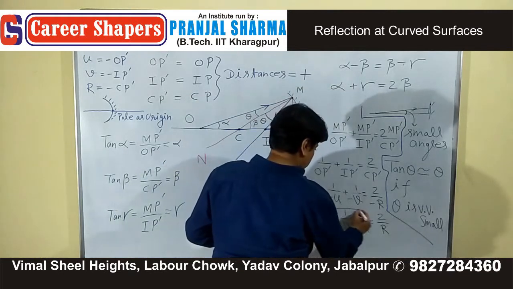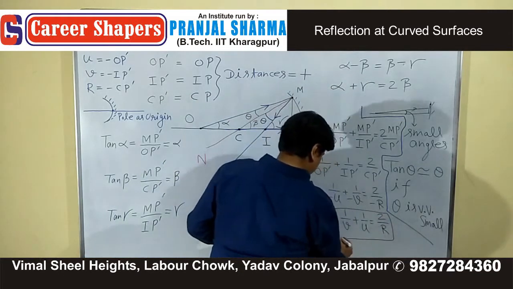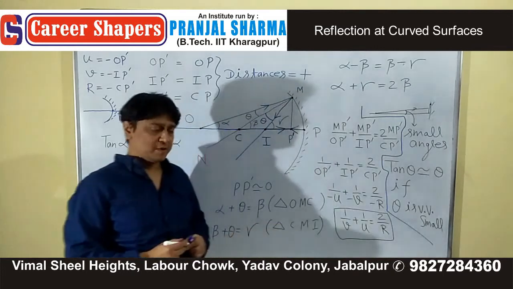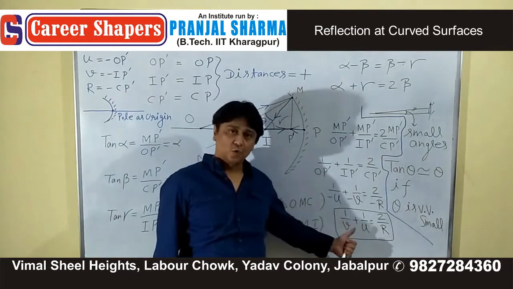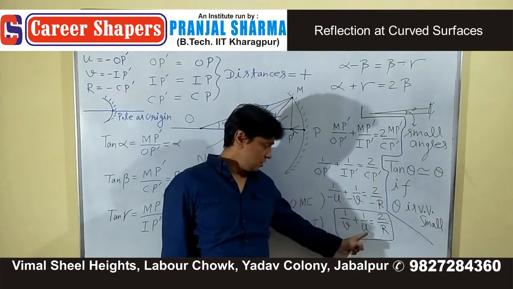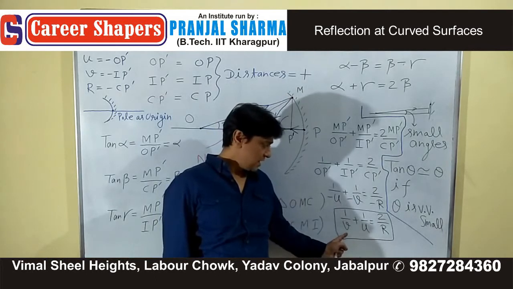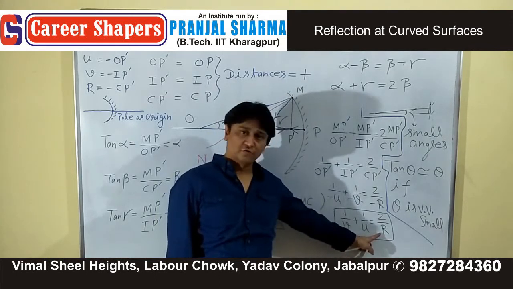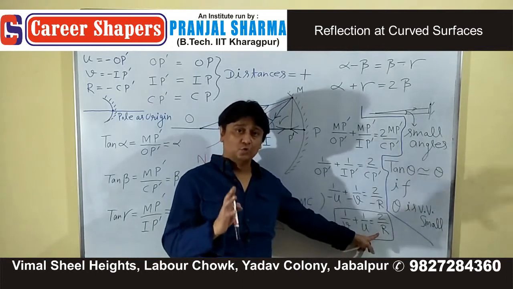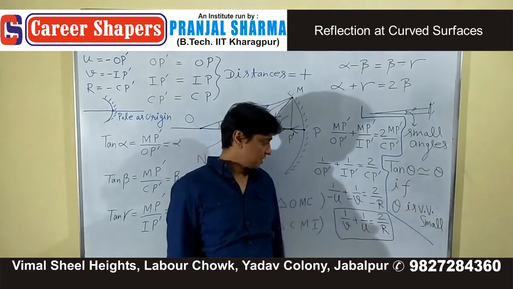We are almost there. This format is also important. You can remember it like this. We have got what? Relationship between object, image and center of curvature, and that too with proper sign.